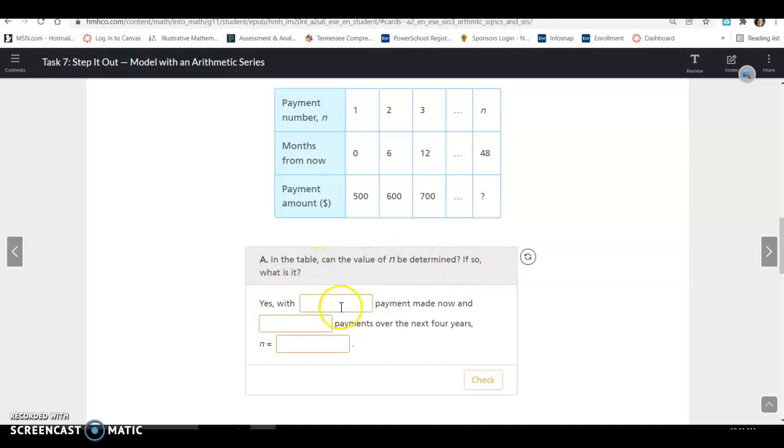Yes, we get 1 payment now, and 4 years, with 1 every 6 months, would be 4 times 2, so you get 8 more payments over the next 4 years. So that means n is going to be 9, so you're going to get 9 total payments.